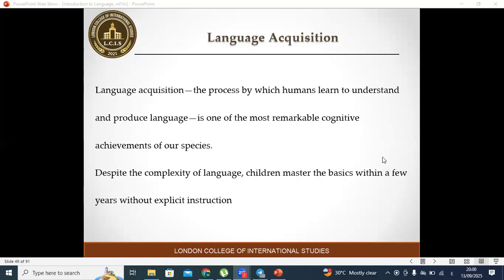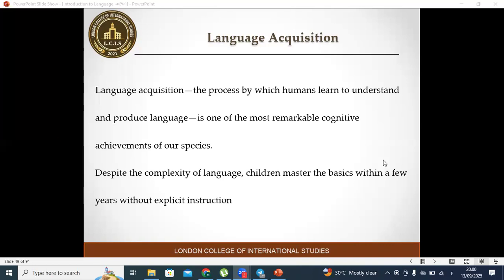Language acquisition. Language acquisition is the process by which humans learn to understand and produce language. It is one of the most remarkable cognitive achievements of our species. Despite the complexity of language, children master the basics within a few years without explicit instruction.